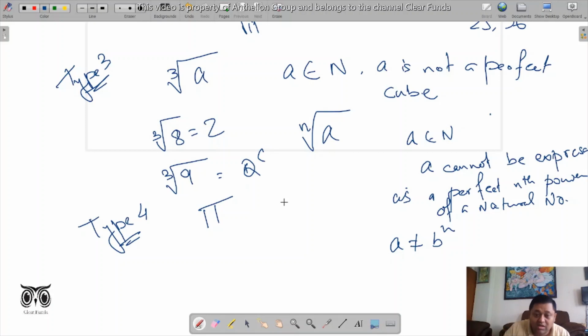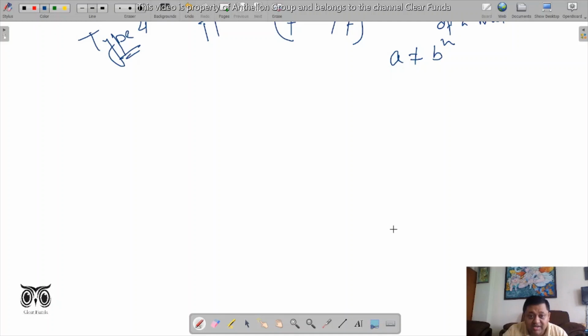So this we call an irrational number. Pi is exactly not equal to 22/7. We normally consider pi as 22/7, but that is an approximation. Pi is not exactly 22/7. Okay, so these are the various types of irrational numbers.